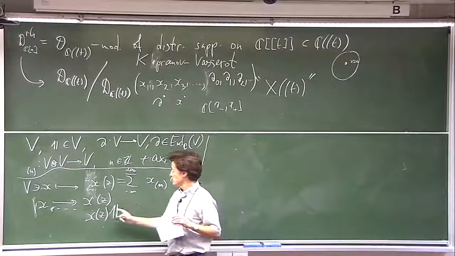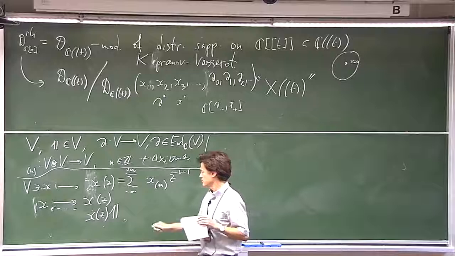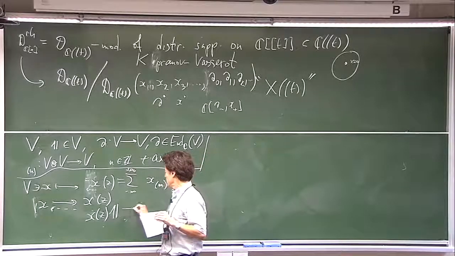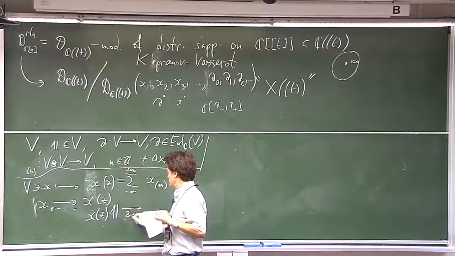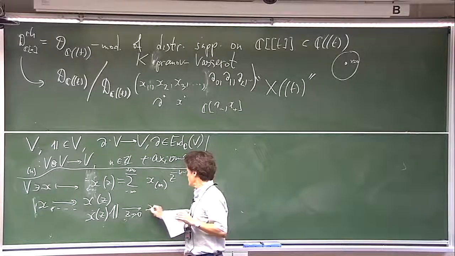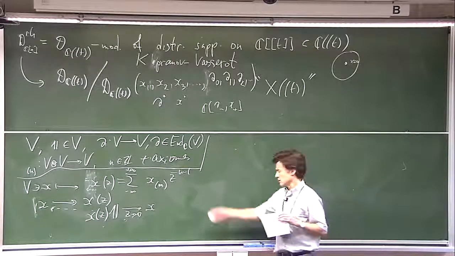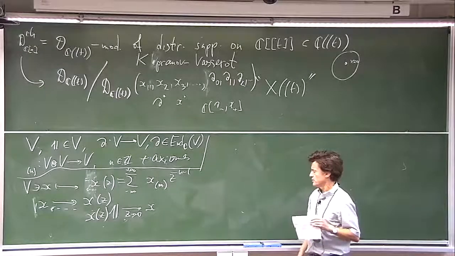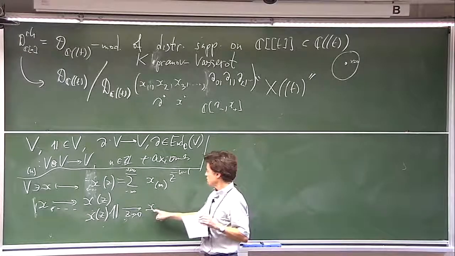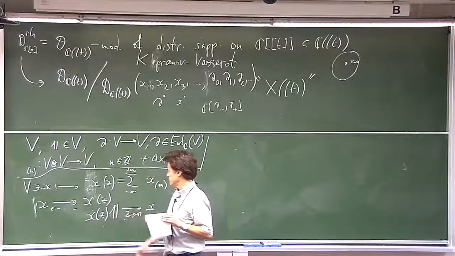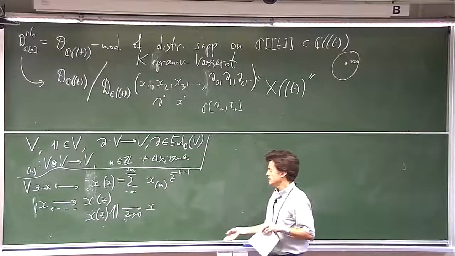But what you will get will depend on only positive powers of z, and if you let z be 0, which I will informally denote like this, then you will come back to x. So this allows one, that's a very convenient device for a lecturer, sometimes, instead of manipulating x's, to manipulate the corresponding fields.